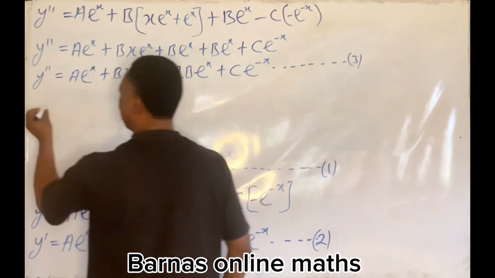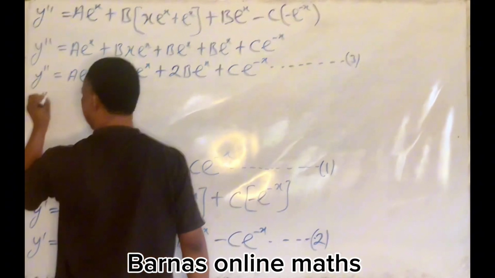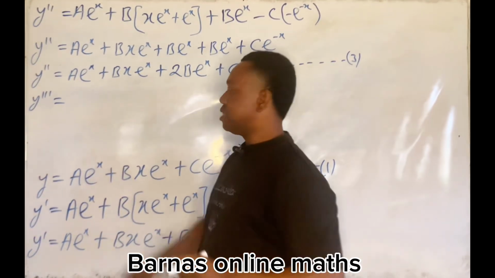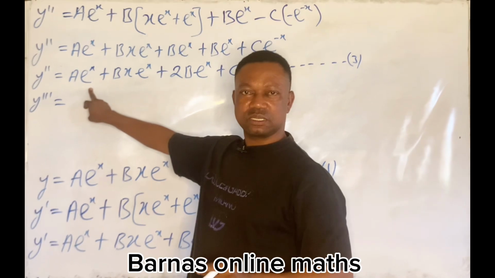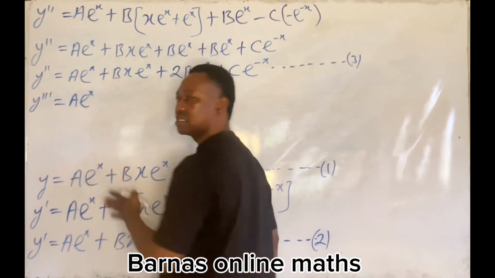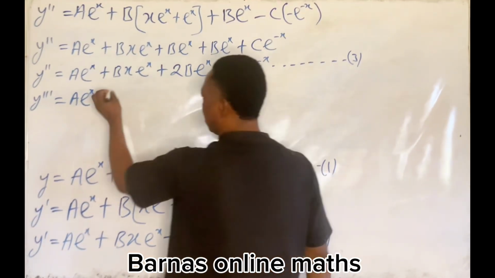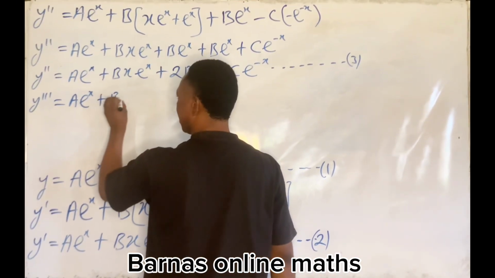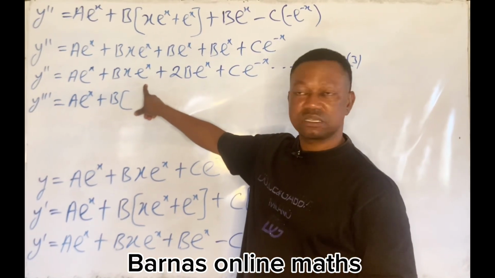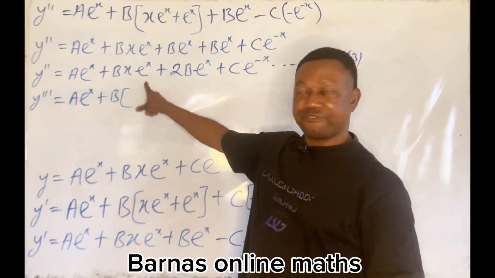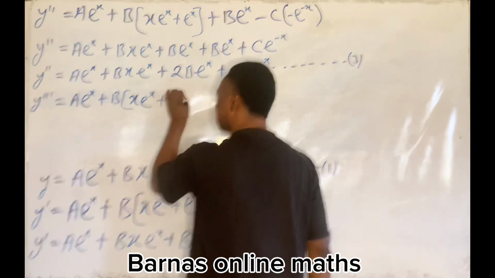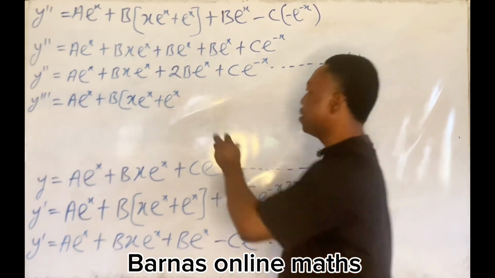So if we do that, y prime prime prime will now be equal to, differentiate a e to the power x, it will still give us the same thing, a e to the power x. We've done that. Then plus b, differentiate x e to the power x. We've done that before, so this will give us x e to the power x plus e to the power x. You close the bracket.